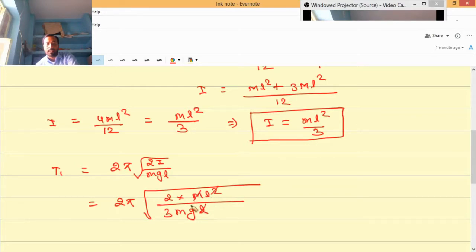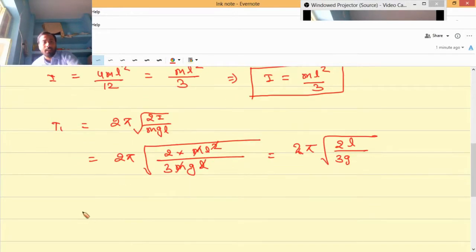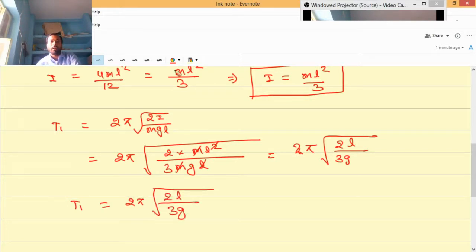L and L cancel, m and m cancel. So it will be 2 pi under root, in the numerator 2 and 1 L term, and in the denominator 3g. So we can say that the time period for the first case is 2 pi under root 2L by 3g.